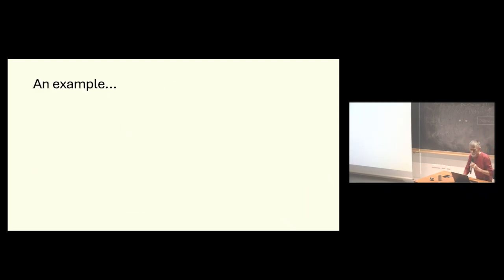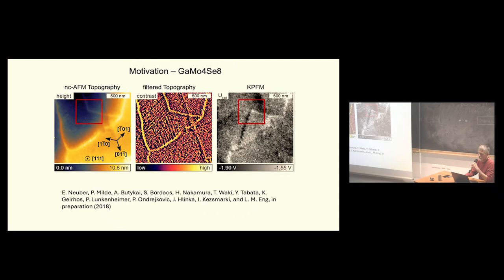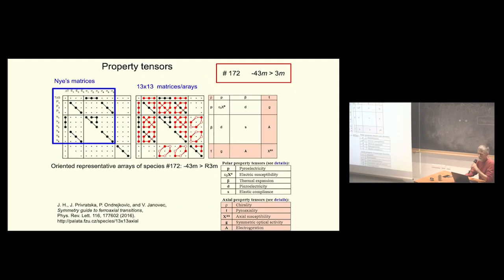So I would like to give you an example on one material, which is gallium molybdenum selenide, or this whole family of GVS materials, which we used to work with together with people in Dresden. And there is a phase transition, which is species number 172 in our list.